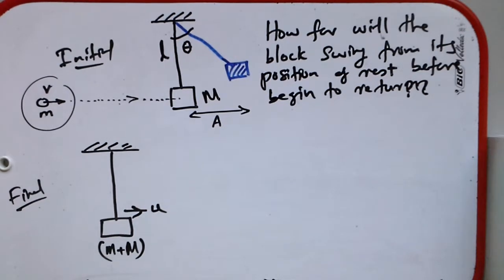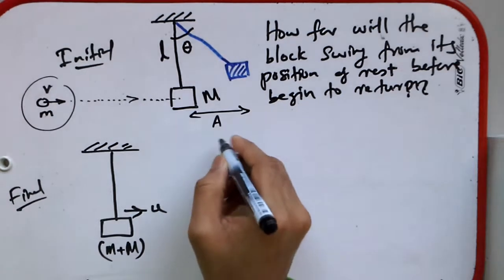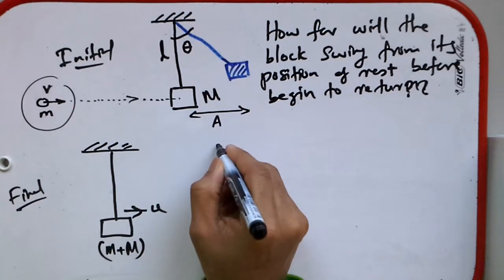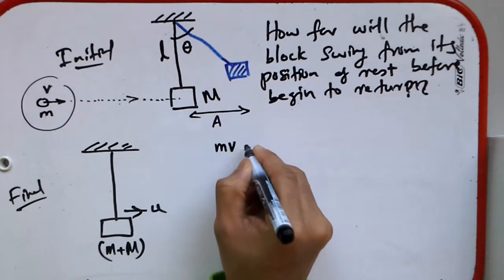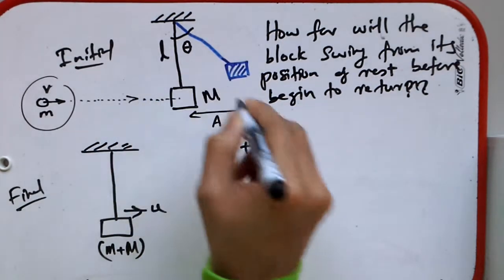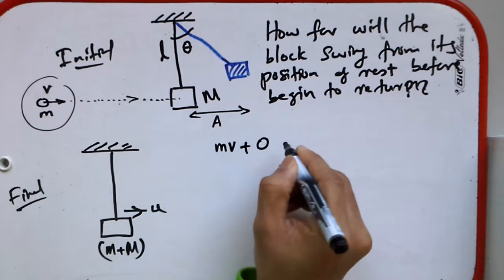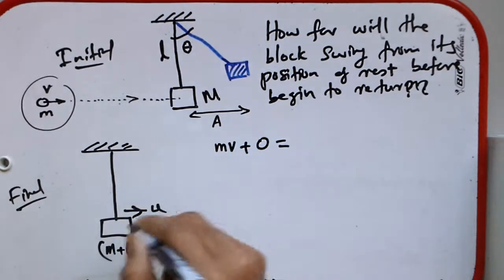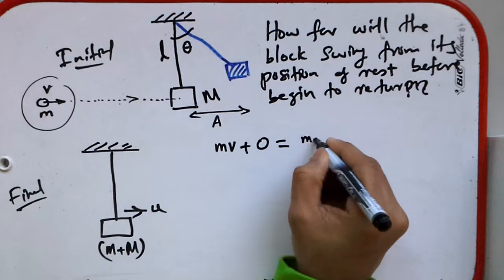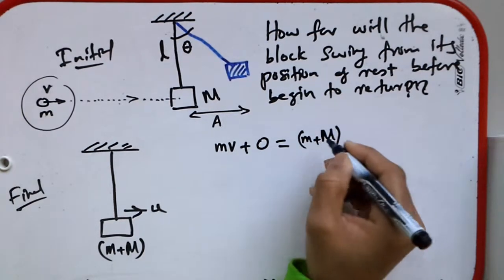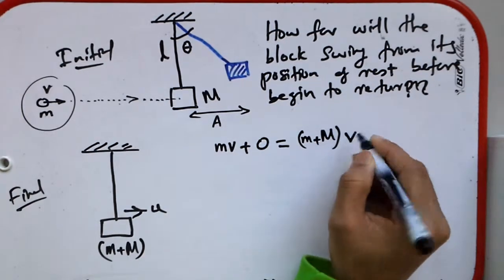and it starts to move, let's say with a velocity u. So how do you calculate this u? Let's apply the conservation of momentum. The total momentum initially was mass times velocity, plus here no velocity, so 0. The final momentum of the system is total mass small m plus big M traveling with velocity u.